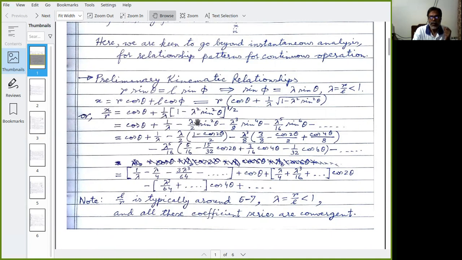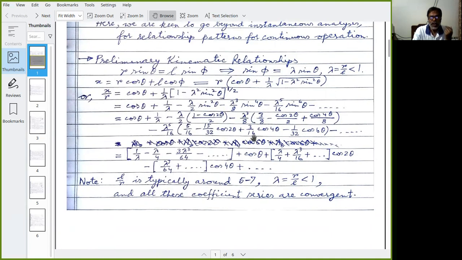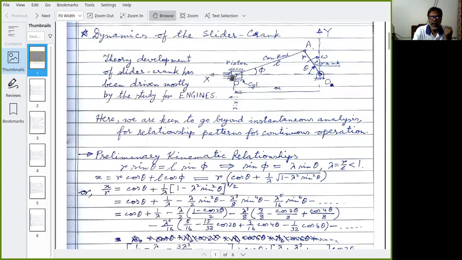X and y, input and output. Note here that this is actually the input, and this is the output, because the purpose of the engine is to get the power from the reciprocating piston and convert it into the turning of a wheel, a round wheel.